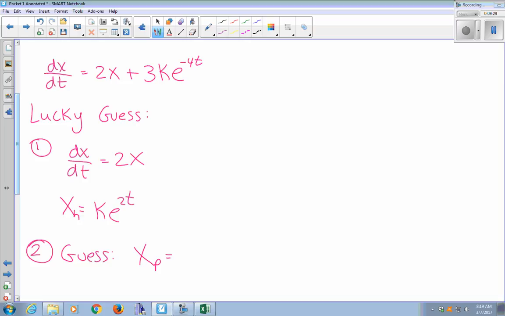It takes that form plus any of its derivatives, right? But when that term is e to the something, you don't have to write down the derivatives because they're all like terms and you can smush them all together. So my x particular is going to have the form alpha e to the negative 4t.